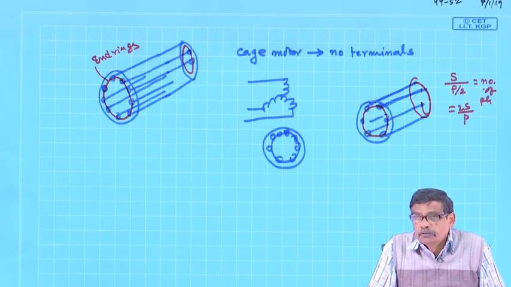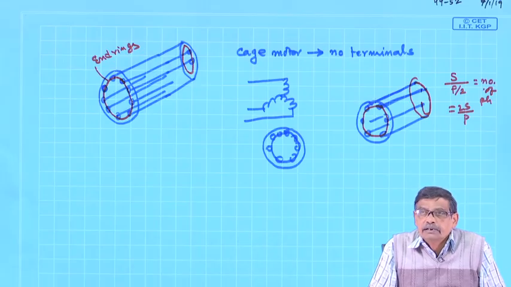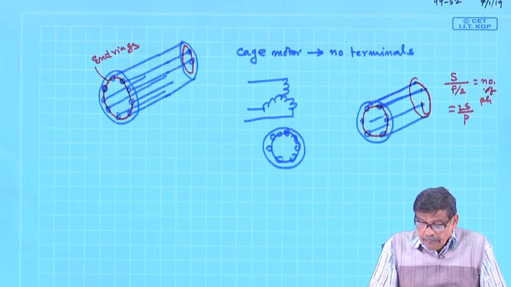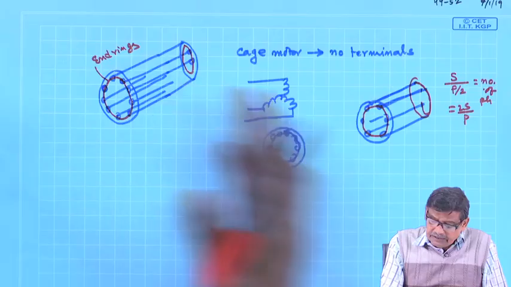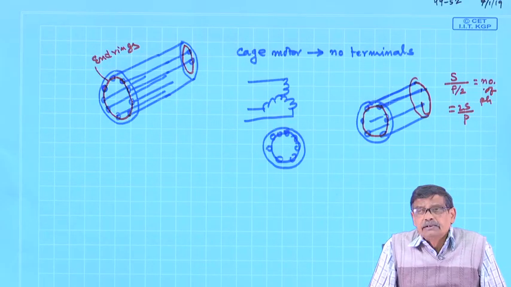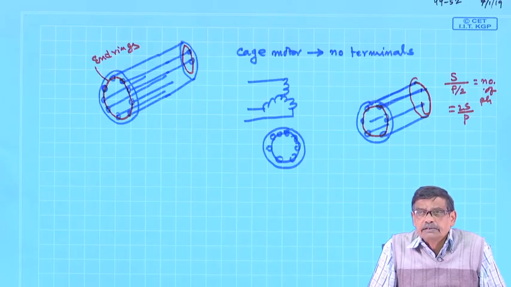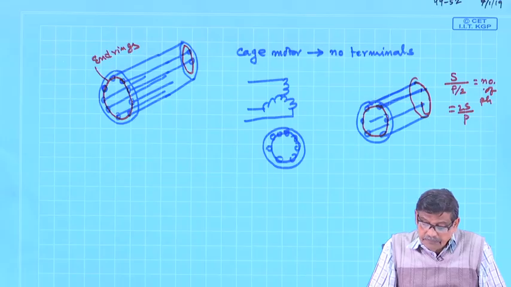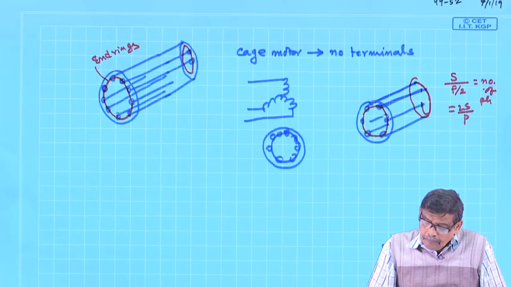Maintenance problems will also be least so far as the rotor is concerned. However, it suffers a disadvantage in that the starting torque cannot be improved by inserting some external resistance as we were doing in the case of the slip ring induction motor.